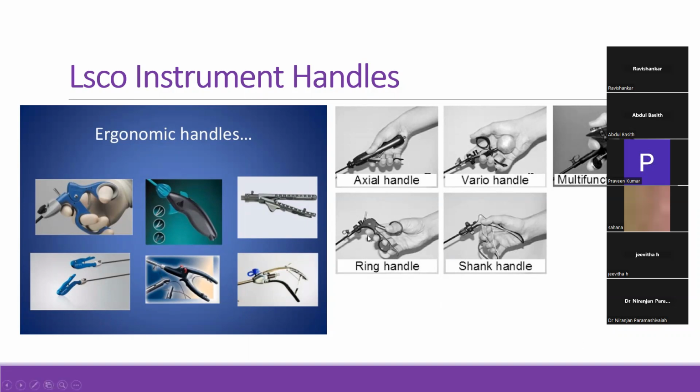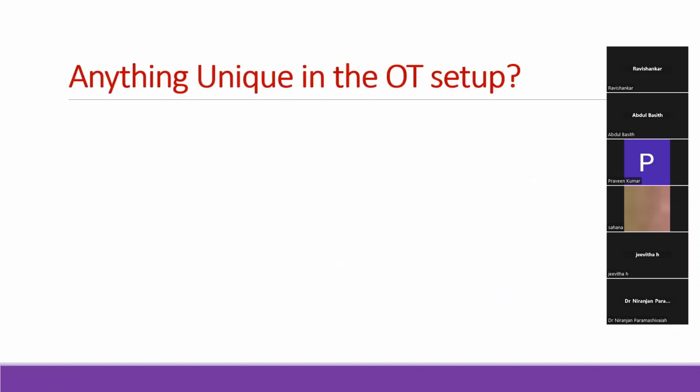The ring handle is good, but it puts a bigger pressure on your rotation. The shank handle is perhaps one of the more comfortable handles, because you have a shank to support 2 or 3 fingers and a little straight piece to support your thenar eminence. So all these are kinds of handles, and these are important in your laparoscopic work to reduce strain.